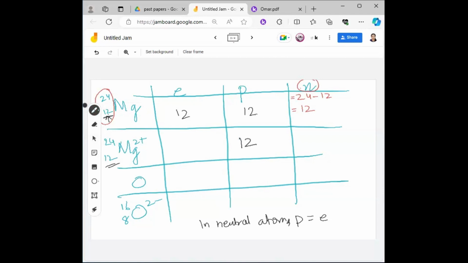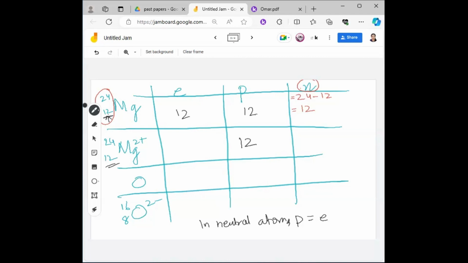So proton number is like the identity of an element. It's like your roll number. Tell me, if I change your roll number, would you be the same person? No, right? Let's say I'm entering the marks, and let's say your roll number was 100, and I enter your marks in roll number 101.